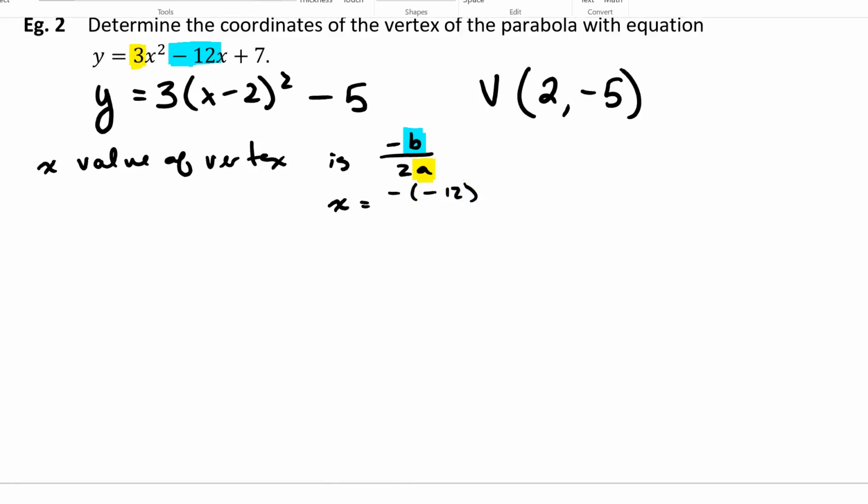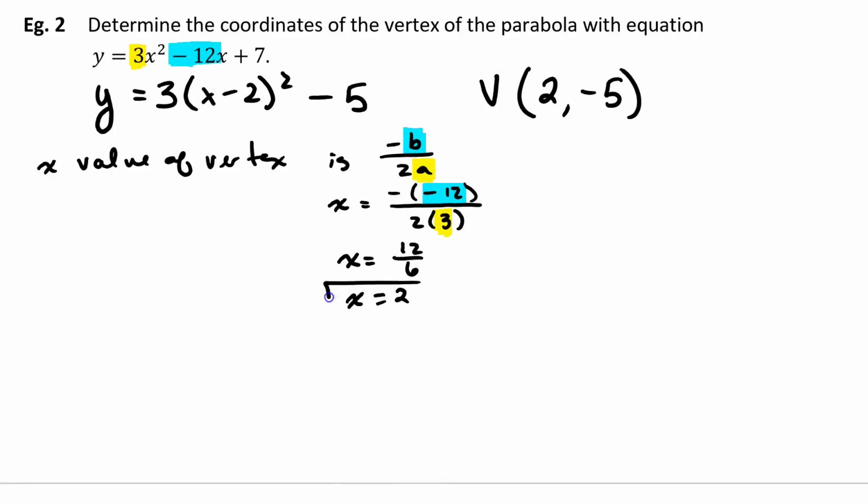I'm going to use color again so you know where everything comes from. So then I say x equals positive 12 over 6. So the x value of the vertex is 2.